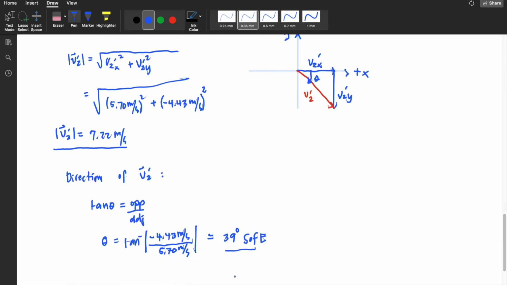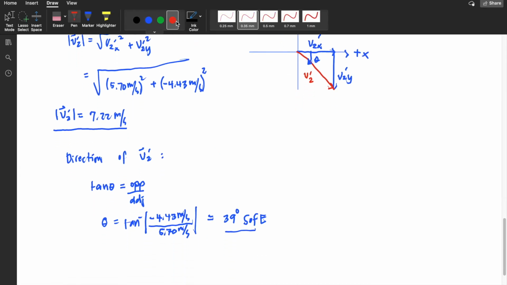So the final answer for letter A is that your v2 prime, its magnitude is simply 7.22 meters per second, and its direction is 39 degrees south of east.